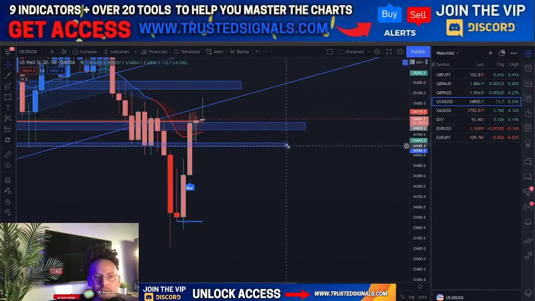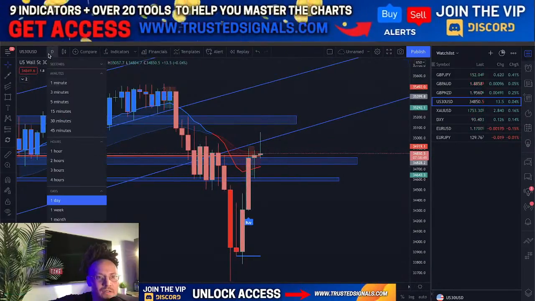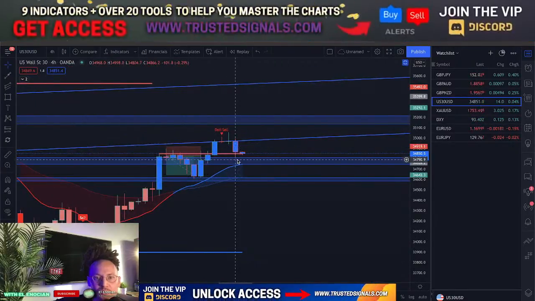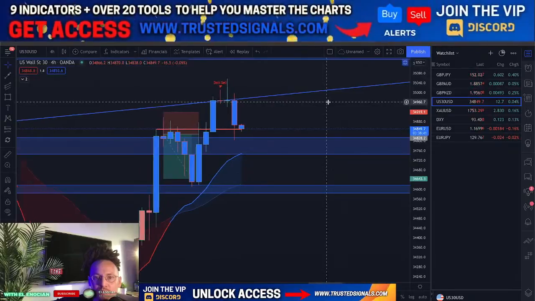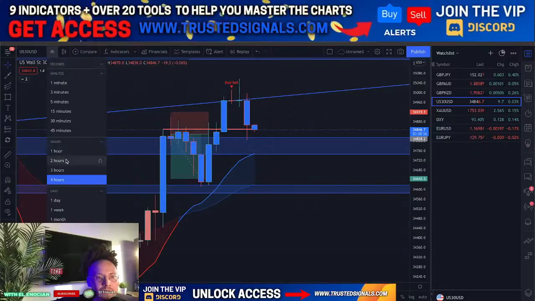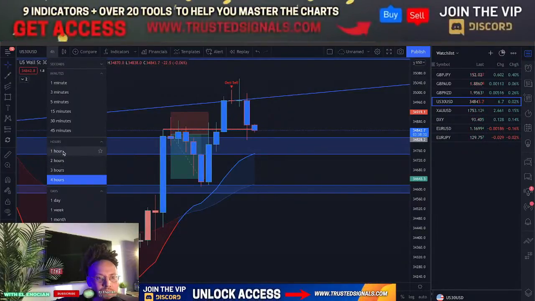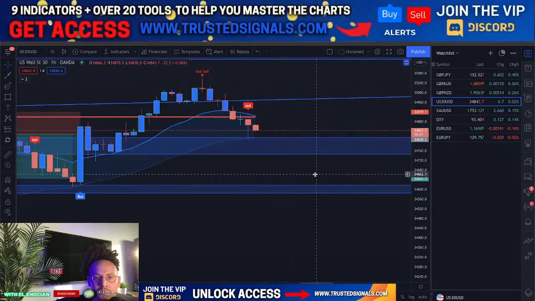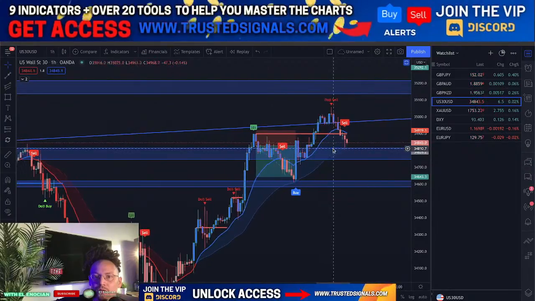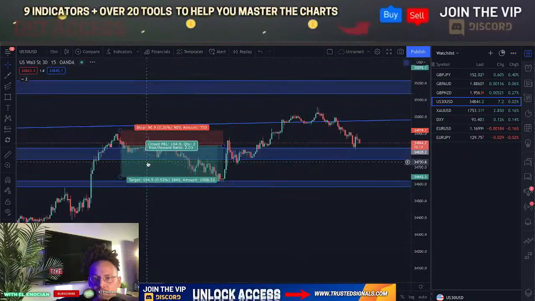All right. As of right now, we're kind of in this in-between area. Let me see what's going on the 4 hour. We have this huge 4 hour movement. It is catching support here. Let me check out the 1 hour, and let me see the 15-minute.